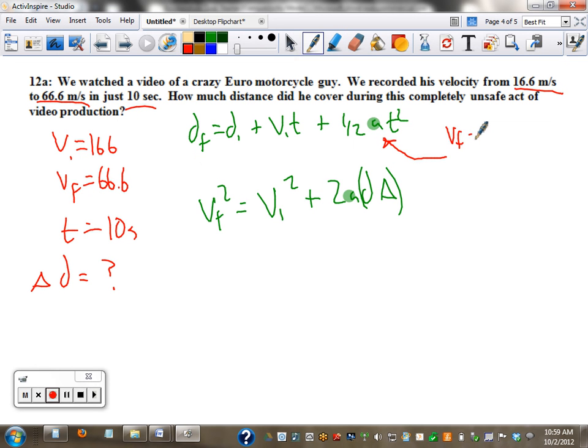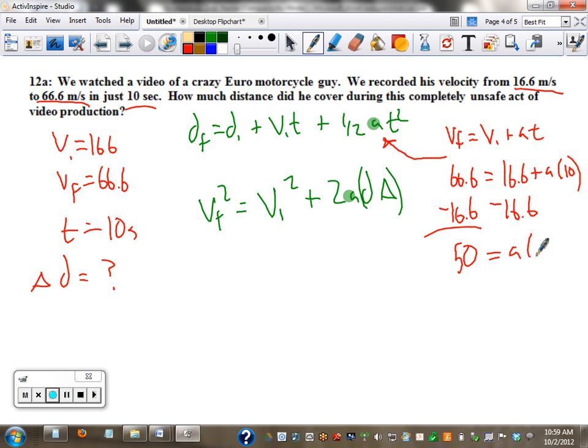So we have V final equals V initial plus AT. 66.6 equals 16.6 plus A times 10. Before I can move the 10, I have to subtract this because it's plus, minus 16.6. 50 equals A times 10. Now divide by 10. 5 equals A.